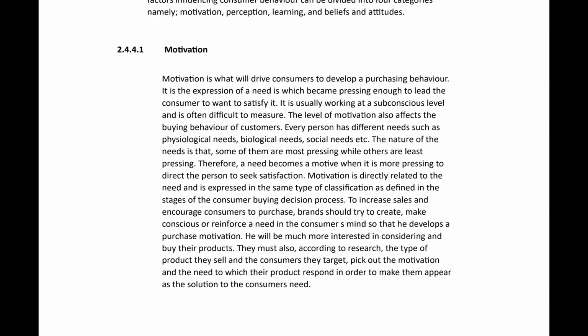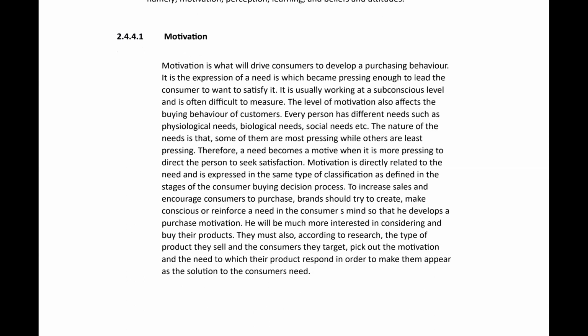Those needs are the ones that are going to influence their buying behavior. If you understand that people have different needs, this will change the way you market to people, because you have to study their needs, and then as you package your products, you can package them according to their needs.